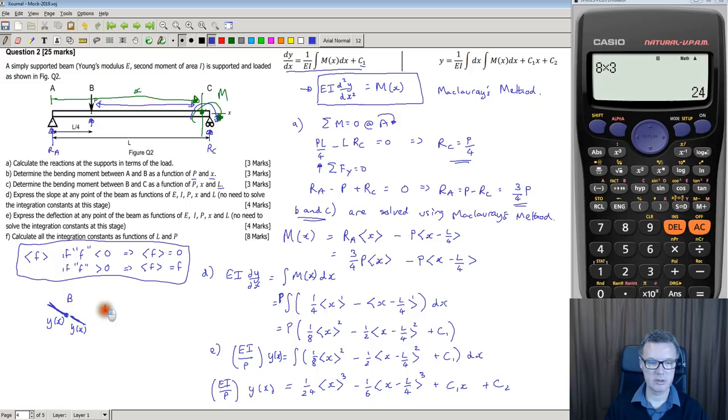So that would be the first boundary condition you'd need to apply. And your second boundary condition, of course, is the fact that the slope just left of B, which let's indicate slope by doing it as an arrow, is going to be the same as the slope just right of B.